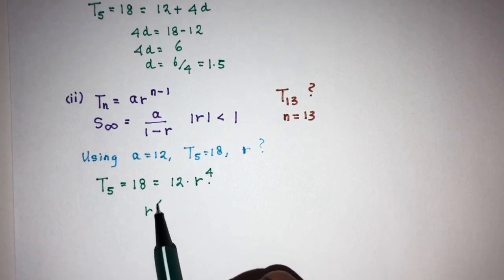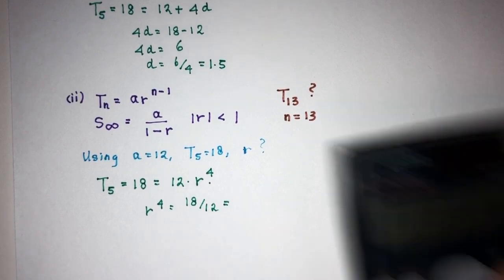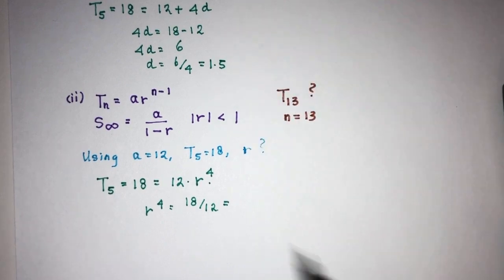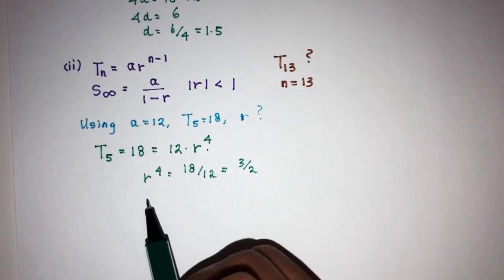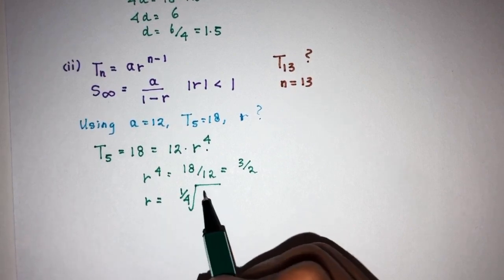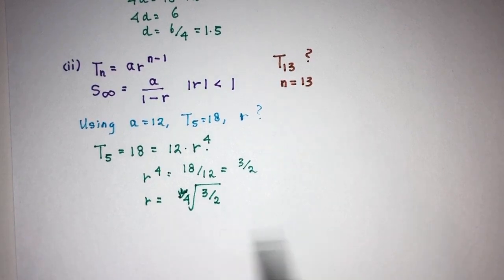So r to the power 4 is what? It is 18 over 12. Let's simplify that. 18 divided by 12 is 1.5, which is 3 over 2, right? And then r will be that to the power 1 over 4, right?